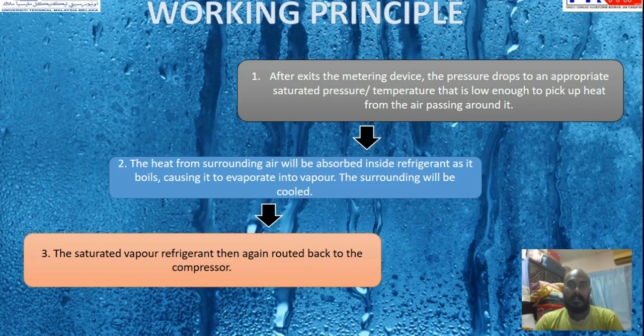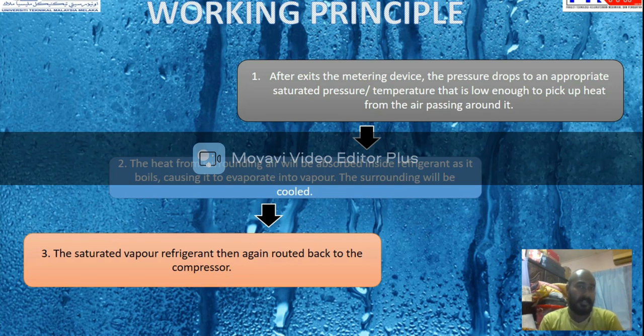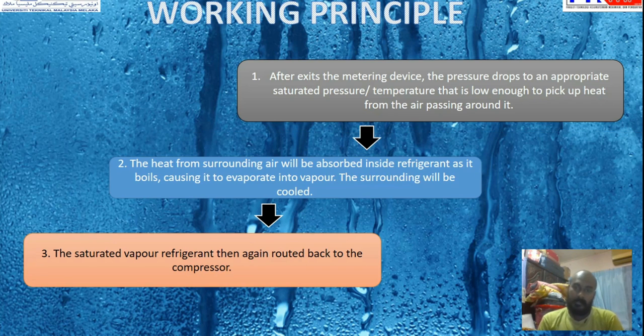First, after the refrigerant exits the metering device, the pressure drops to an appropriate saturated pressure and temperature that is low enough to pick up heat from the air passing around it. Next, the heat from the surrounding air will be absorbed into the refrigerant as it boils, causing the refrigerant liquid to evaporate into vapor.